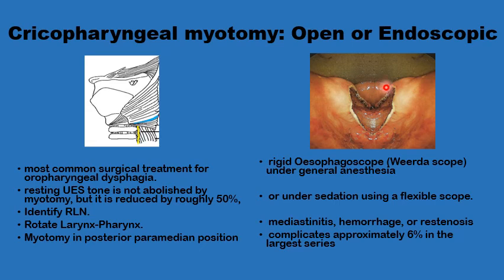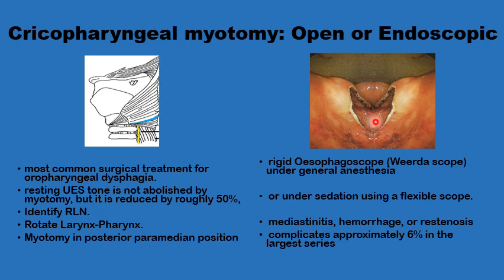The anterior blade of the scope will be placed anterior to the cricopharyngeus bar, and the posterior blade will rest on the posterior pharyngeal wall, and a laser would be used to incise the cricopharyngeus bar down to the level of the buccopharyngeal fascia.